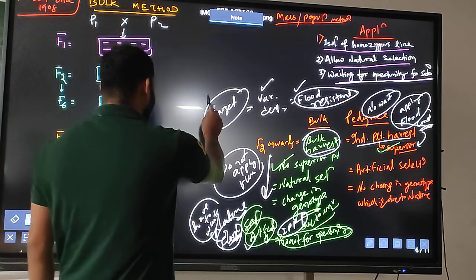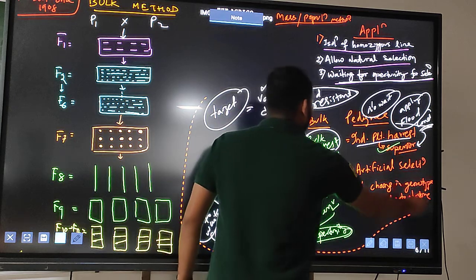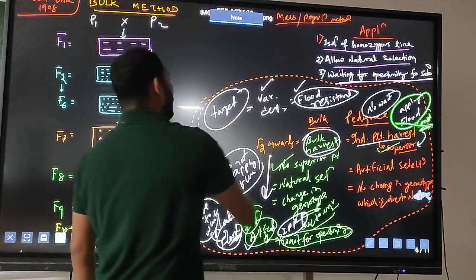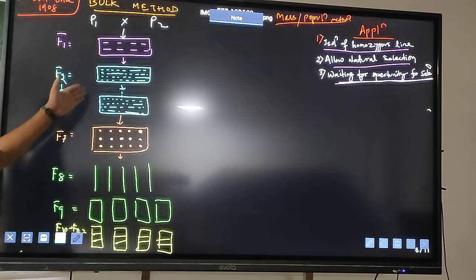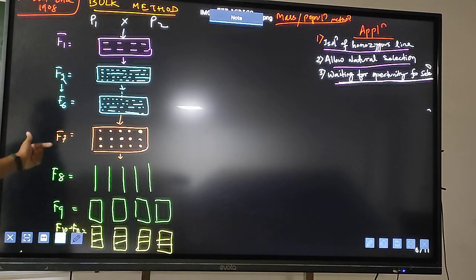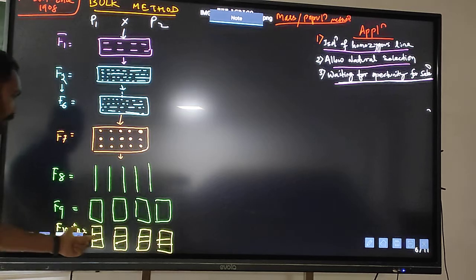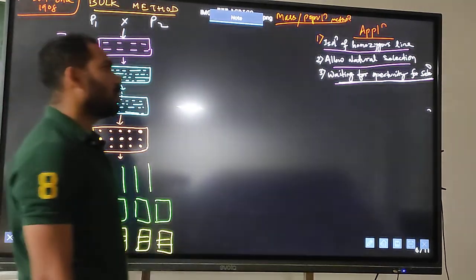Now coming to the procedure. First go to the application. As we know, they are selfing from F2 to F6, F7, F8, F9. So whatever the last plants I will get, these are homozygous.